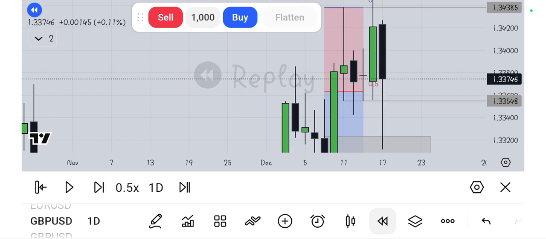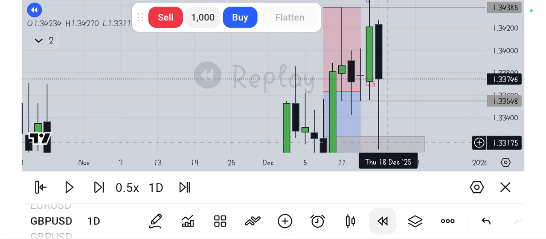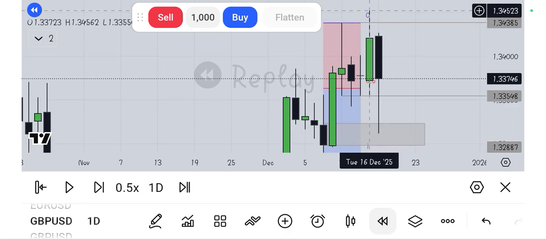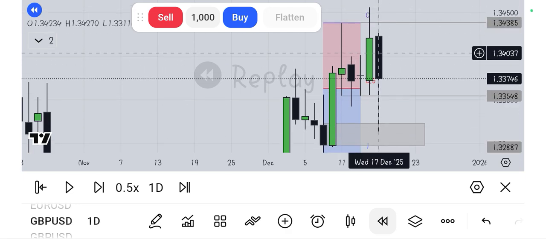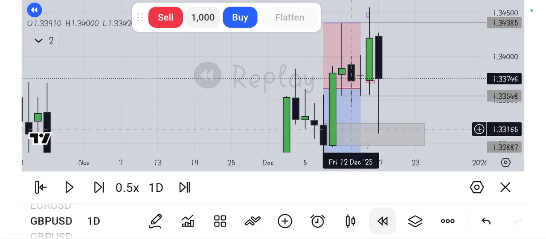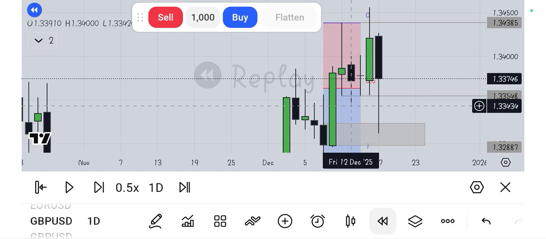And of course we have seen that on a Wednesday we have sold, meaning that we have formed our weekly high on a Tuesday. I want you to see how this candle is reacting off this block. And I think you can see that we have cleared the liquidity that was lying below these candles.